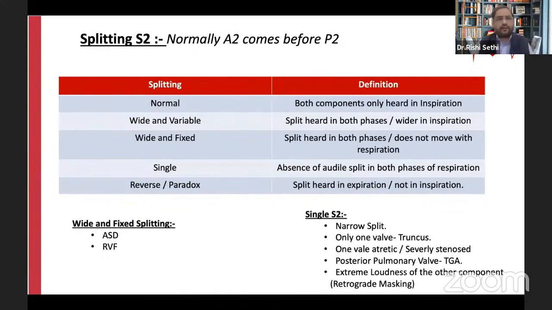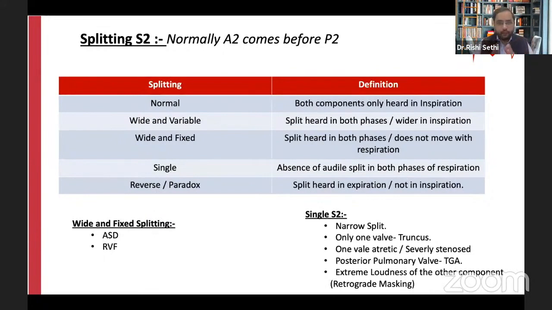And in right heart failure, the right ventricle is not able to handle blood and to make the relevant changes in inspiration and expiration, so the splitting becomes wide, at the same point of time fixed.